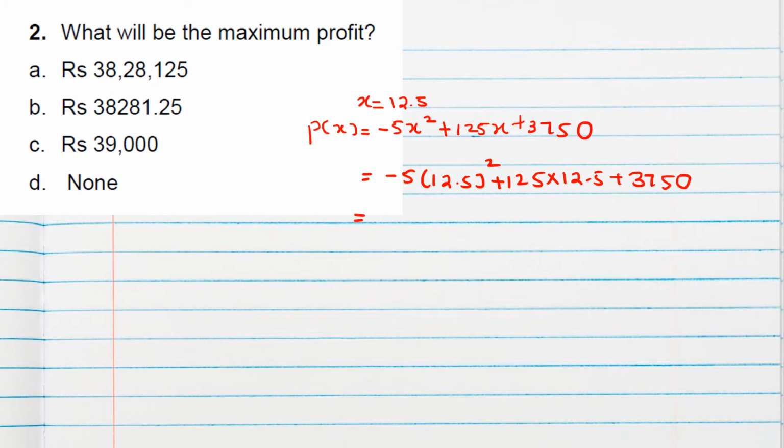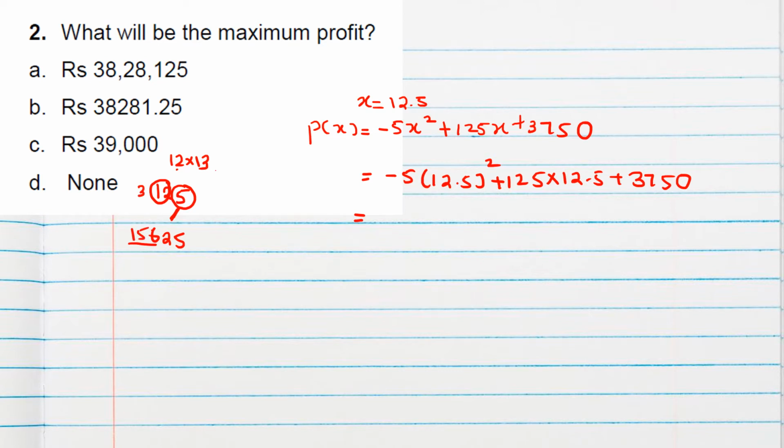So 12.5 square we can find easily. There is a trick, one trick. When you find the square of a number with 5 at the units place, we have to just square 5, that means 25, and whatever number is before it, we multiply it with the next number, that means 12 into 13, and write it here. So that will be the square of 125. So this will be 156 and 25.